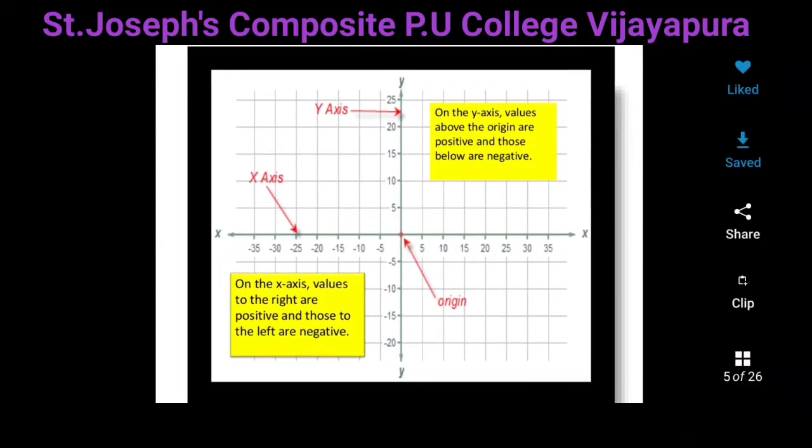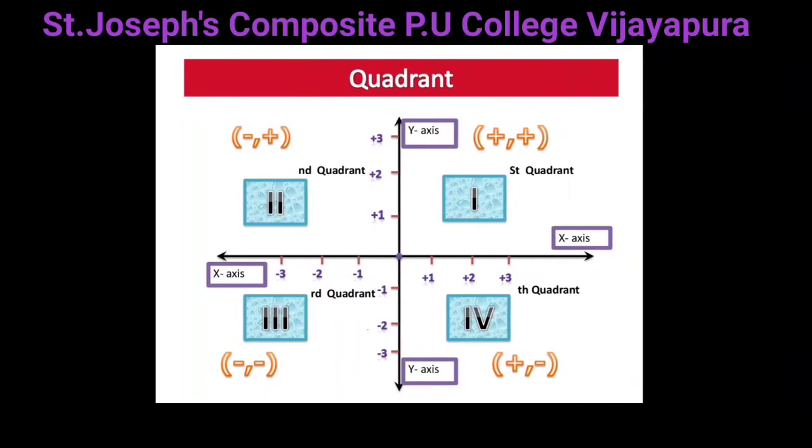Now the next concept: quadrant. These axes, both the x-axis and y-axis, cut the coordinate plane into 4 equal sections, and each section is known as a quadrant.